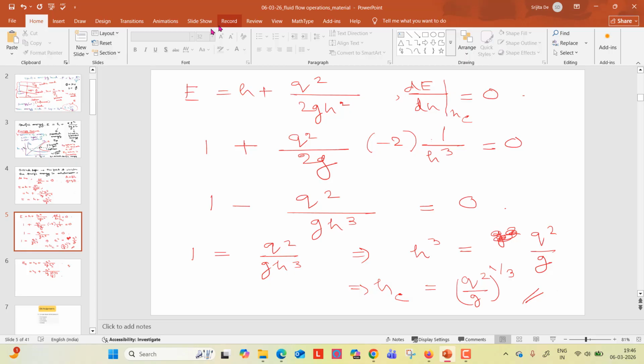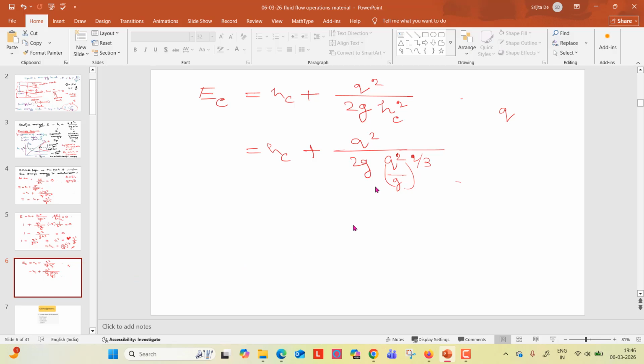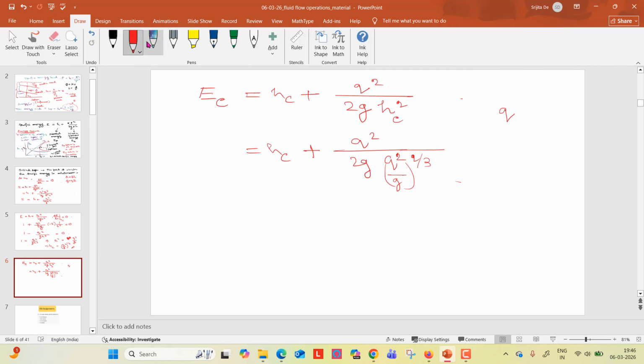You are getting that from the previous line, not the last line. Q square equals to g hc cube, right?